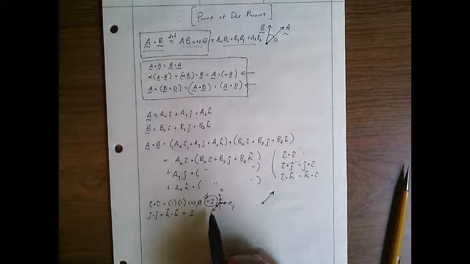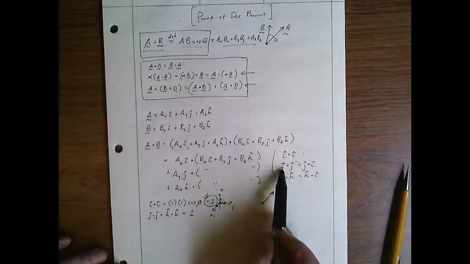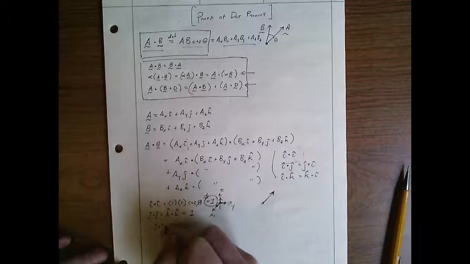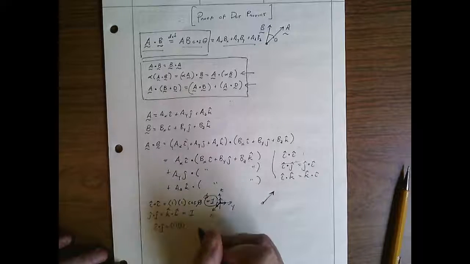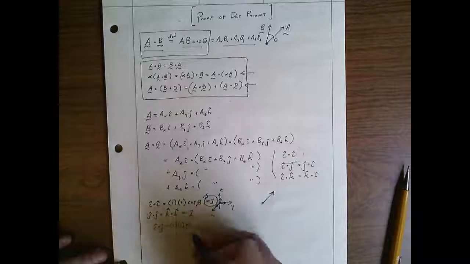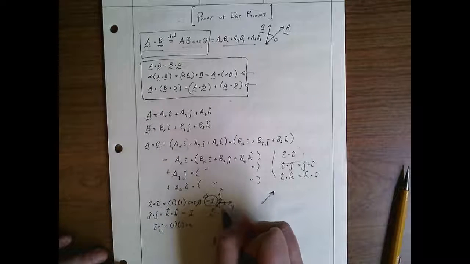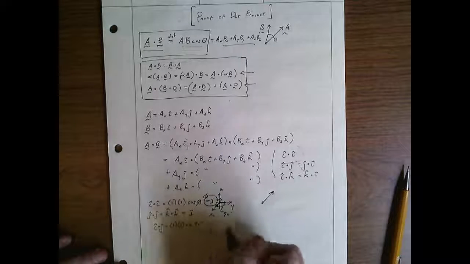Anytime you're dotting with any of the other unit vectors, say I dot J, we have the magnitude of I is 1, the magnitude of J is 1, and the cosine of the angle between them. The angle between I and J is 90 degrees.